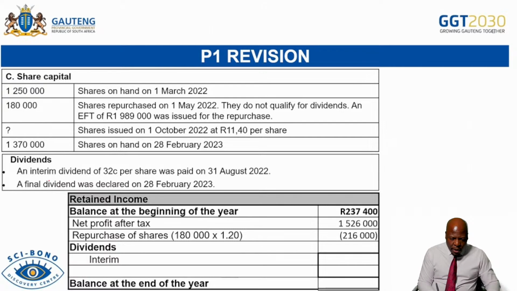And we're told that an interim dividend of 32 cents per share was paid on the 31st of August. All right, but after the repurchase year, we're told that these shares do not qualify for dividends. So in other words, if we're going to give an interim dividend in August, which is in between here, how many shares are we having?